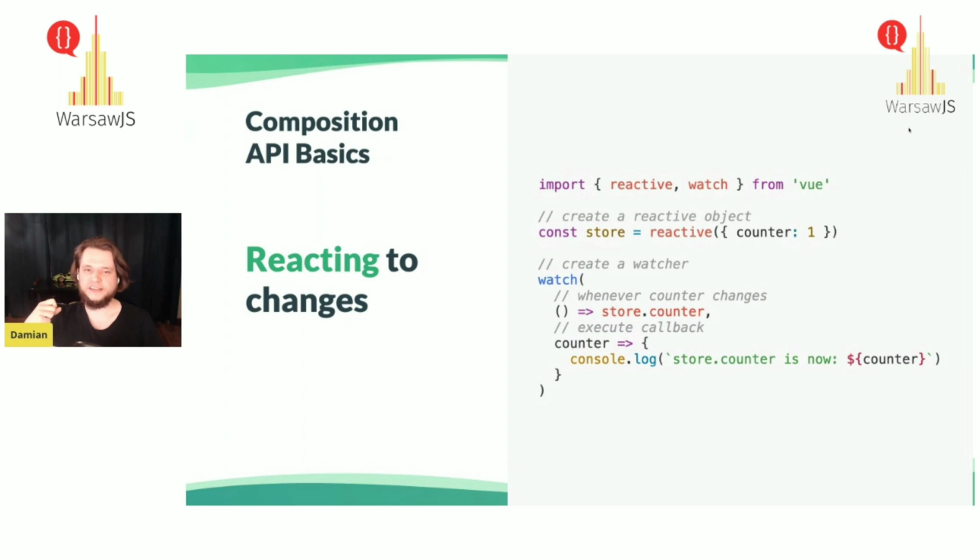The first is either a ref, which we'll get back to in a moment, or a function that should return the fragment of the state that you would like to observe and react to. Then you have the callback that should be called whenever that property has changed. In this case, we want to watch the counter, and whenever the counter changes, we want to log that it has changed, right?